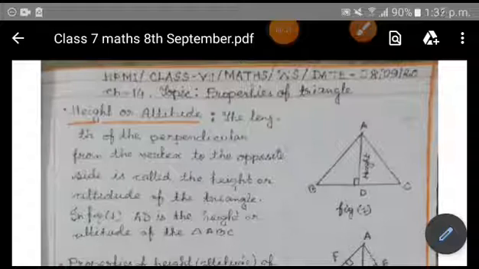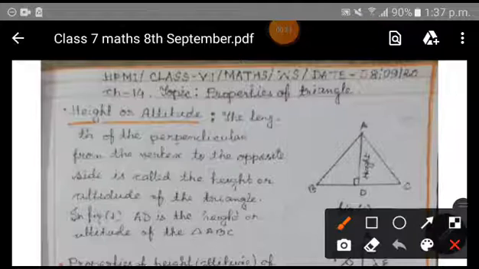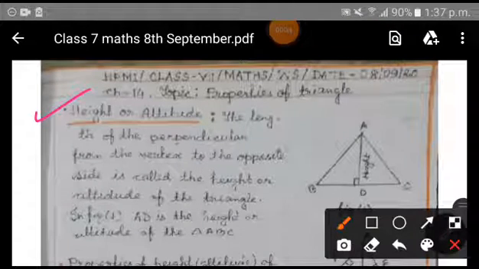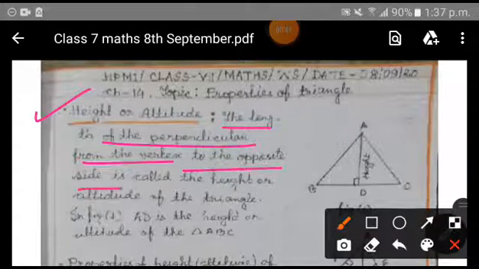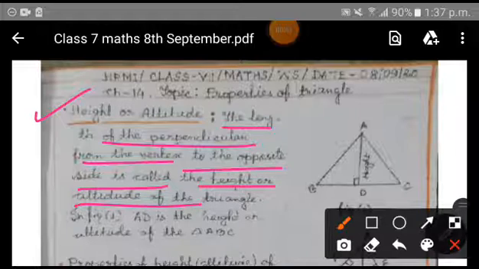Now today we are going to study the height or altitude of the triangle. Now there is a definition here. What is the height or altitude of a triangle? The length of the perpendicular from the vertex to the opposite side is called the height or altitude of the triangle.